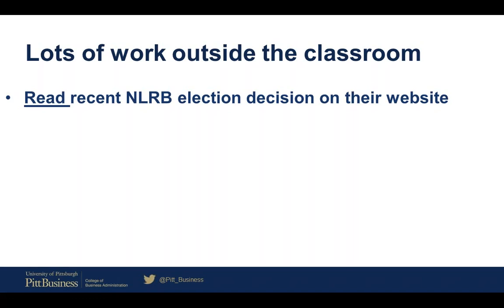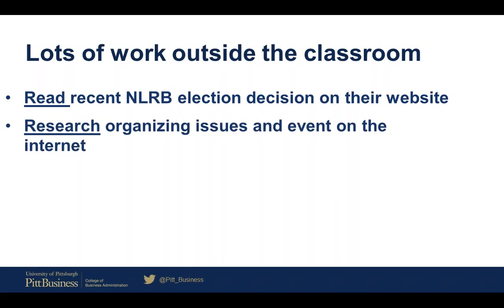So they have to read this and become extremely familiar with it. Then they've got to really do a lot of research. The decision itself on the NLRB website only gives a certain amount of information. They're going to have to research what the issues were.